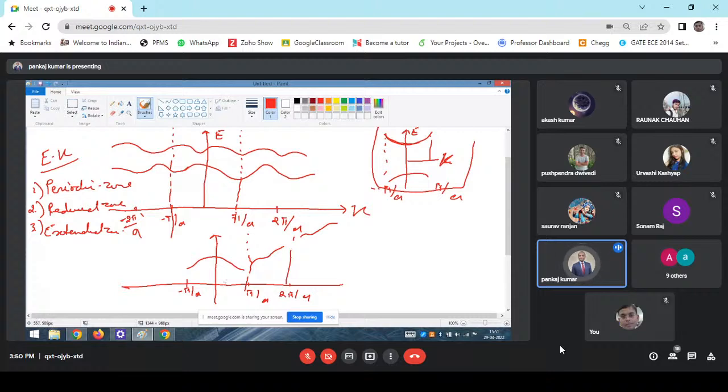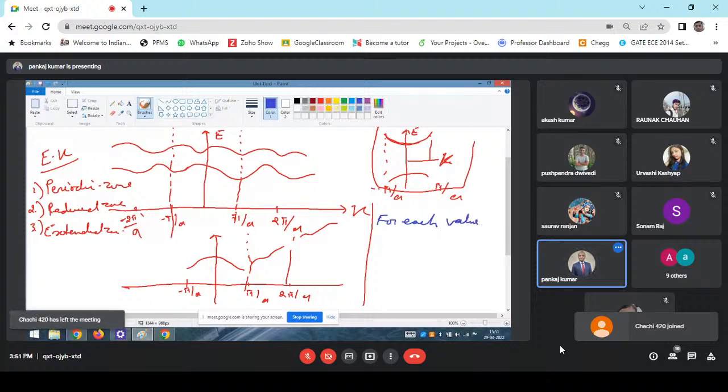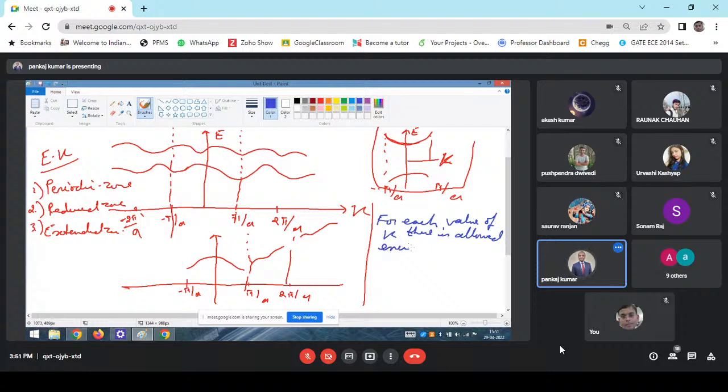For each and every value of k, there is a corresponding allowed energy state, and that is the solution of the Schrodinger equation.